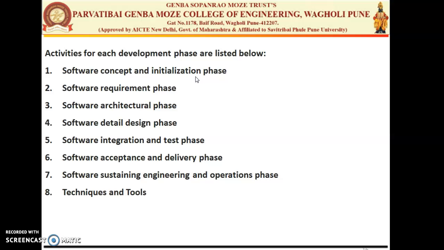The SQA activities in the architectural design phase include, first, ensuring that the approved design standards are properly followed. Whatever design standards we have approved are totally followed while designing the software. Second, it ensures that all the software requirements are allocated properly to the software components we have at that stage.